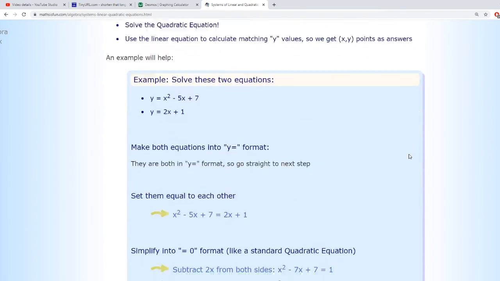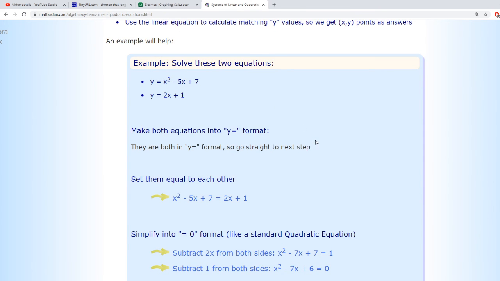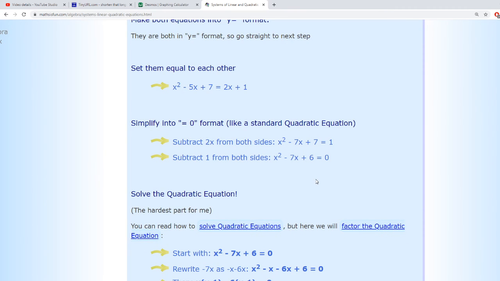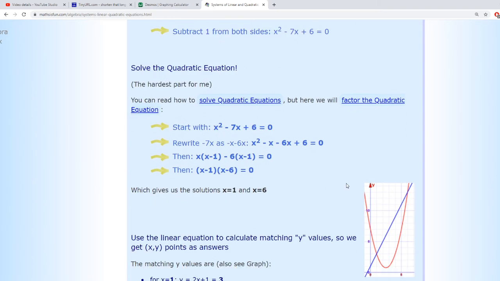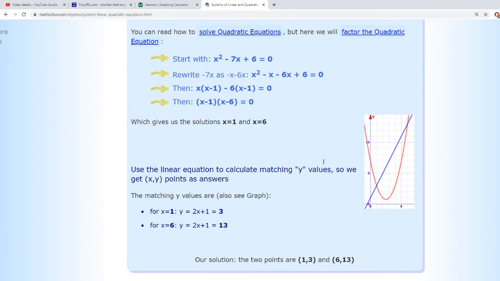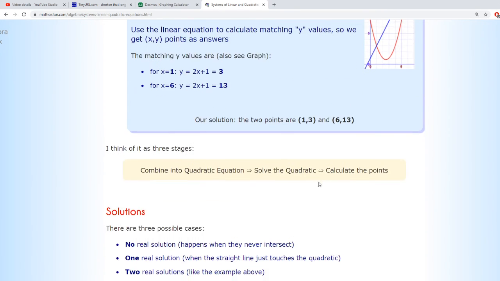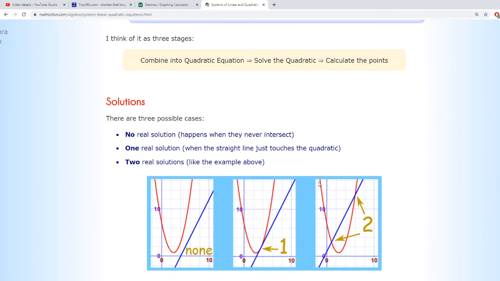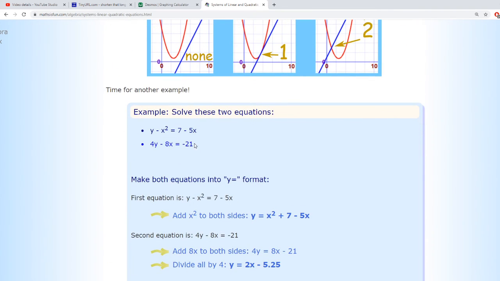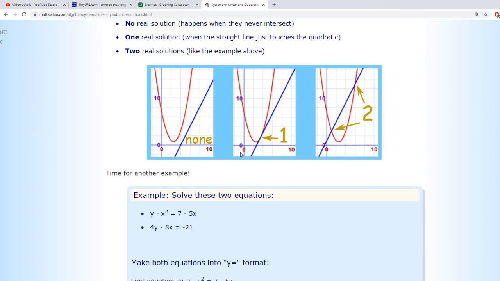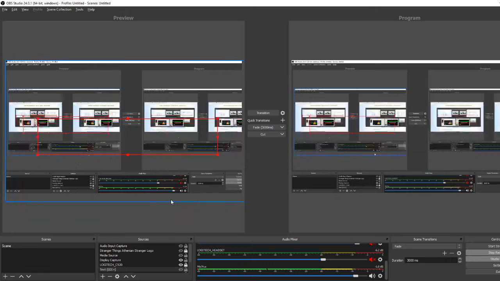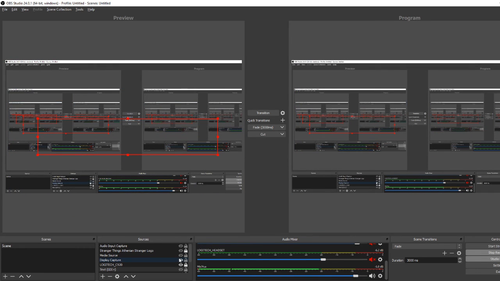Down here, they work this example out for you. So if my method of explaining wasn't clear, you could use this page to try to learn yourself. It's got a lot of interesting stuff, and there's even more problems to work where the equations are not already solved for y. Okay? So I'll include the link to that in the description.